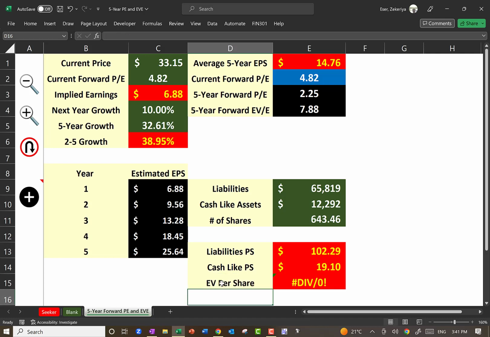EV per share is current price plus liabilities per share minus cash-like per share.